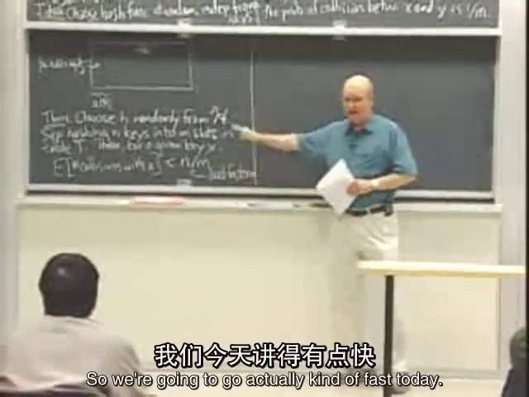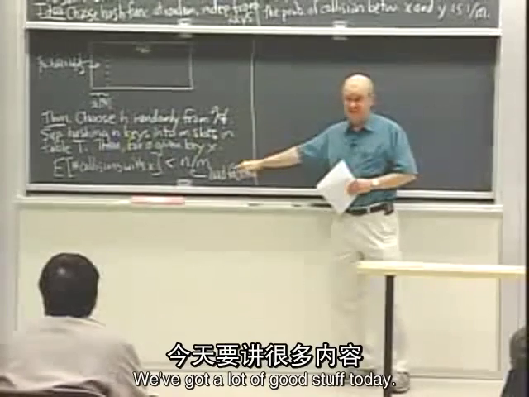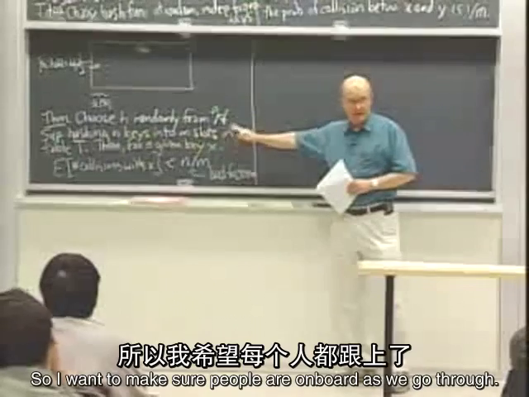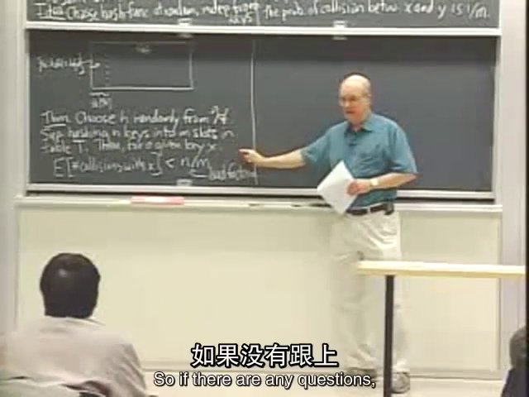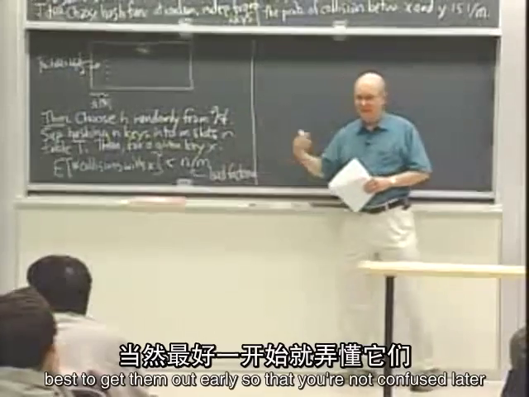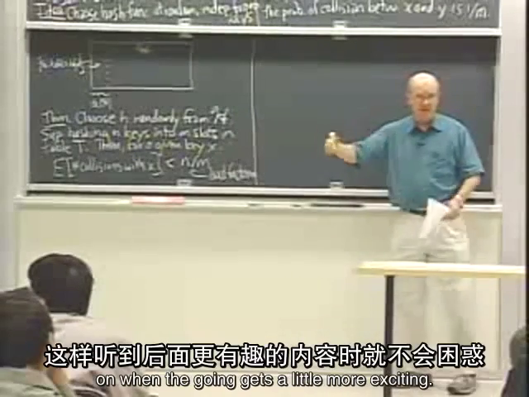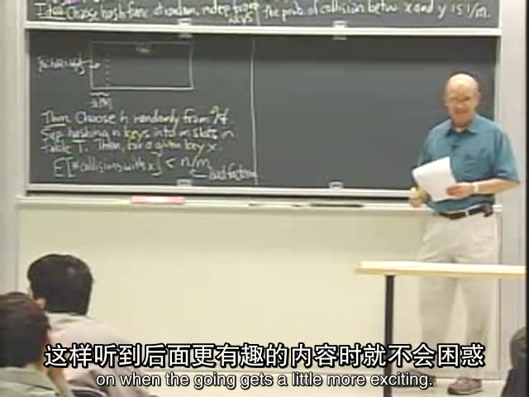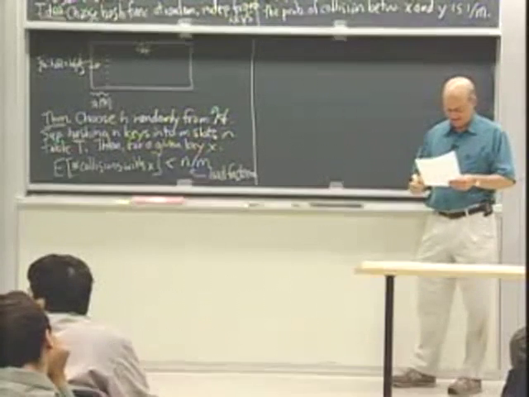We're going to go kind of fast today. We've got a lot of good stuff today, so I want to make sure people are on board as we go through. If there are any questions, best to get them out early so that you're not confused later on when the going gets a little more exciting.